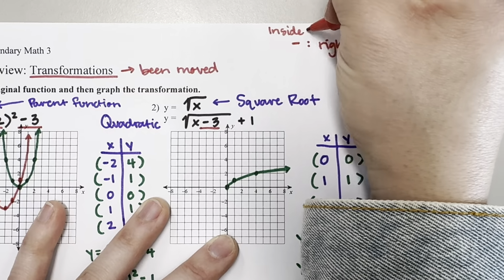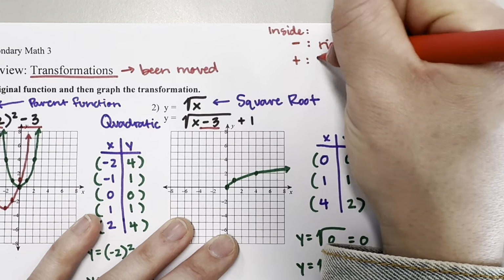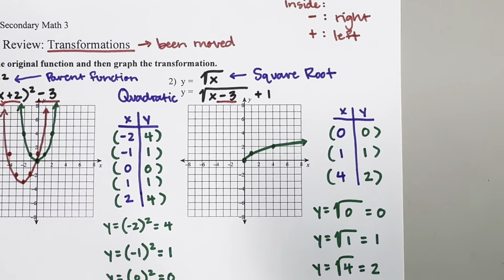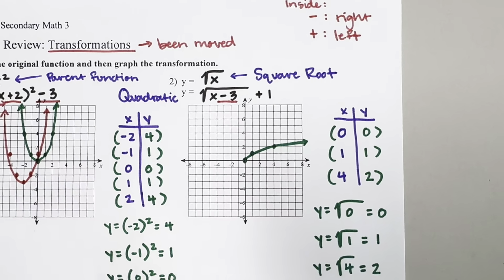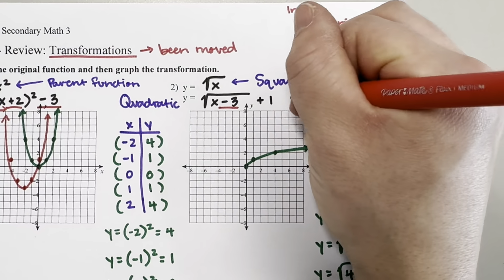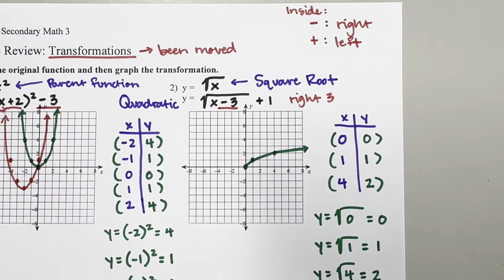Make these notes actually easy to read. Okay, and if I see a plus on the inside, that means I'm going to the left. So that'll help us. Okay, so since it's a minus on the inside, that means we are going to the right 3. So we're going to take each of these coordinate points, move them to the right 3.